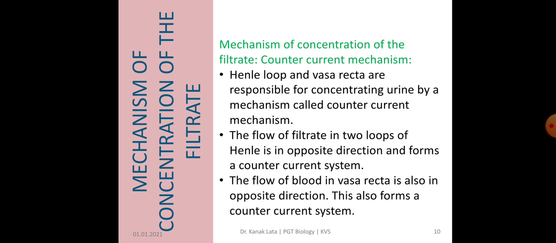Now let us discuss the mechanism of concentration of the filtrate, which is also called the counter current mechanism. Henle's loop and vasa recta are responsible for concentrating urine by a mechanism called counter current mechanism. The flow of filtrate in the two limbs of Henle's loop and vasa recta is in opposite directions, and this forms a counter current system.